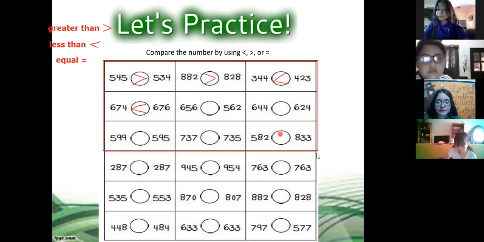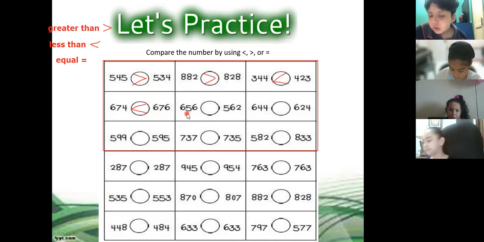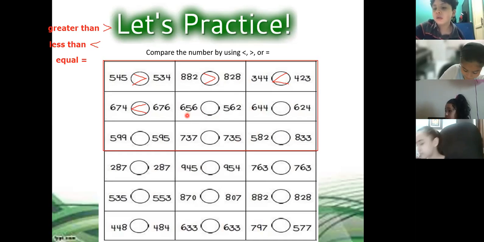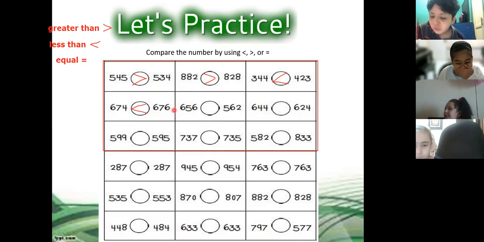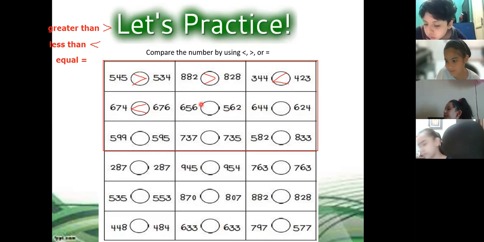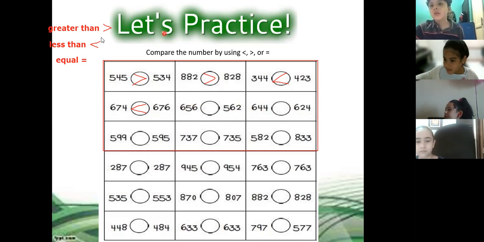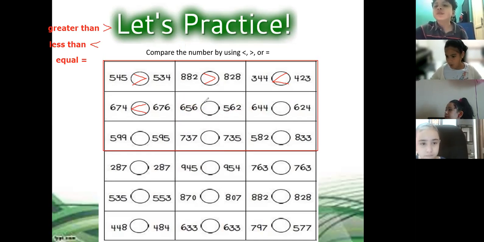That's right. 562 that are greater than. Okay, we're comparing the first number with the second. All the time we need to check that the first number is the one we're comparing with the second. So 656 is greater, less, or equal than this, Camila. It's greater, that's right. It's more than the other. So we're going to draw this sign. Remember, that means greater.